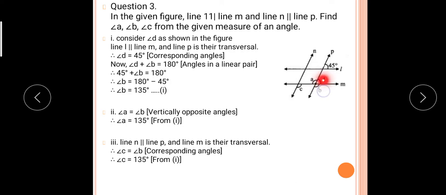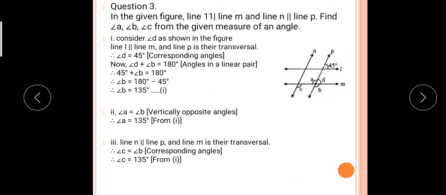Now D is 45. What is A? A with D is a linear pair. So A is equal to 180 minus 45, which is 135. Now B with D we can also calculate, it is a linear pair.